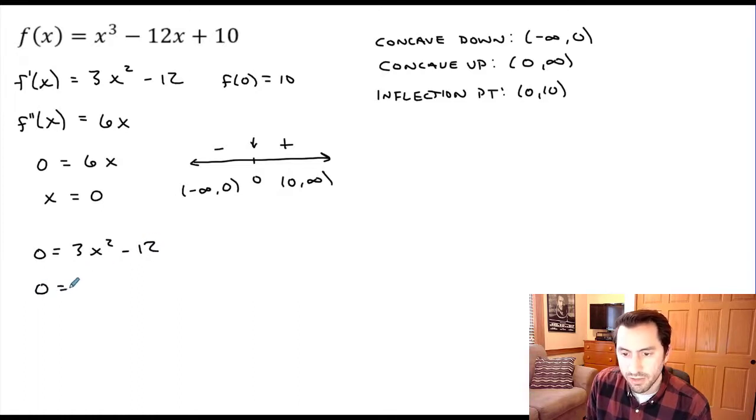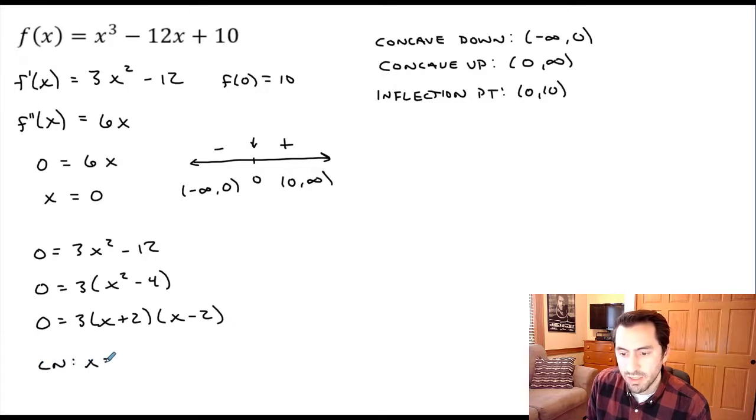If we factor this, I can factor out a 3, leaving me with x squared minus 4. To finish factoring, we get (x plus 2)(x minus 2). So our two critical numbers are x equals negative 2 and x equals positive 2.